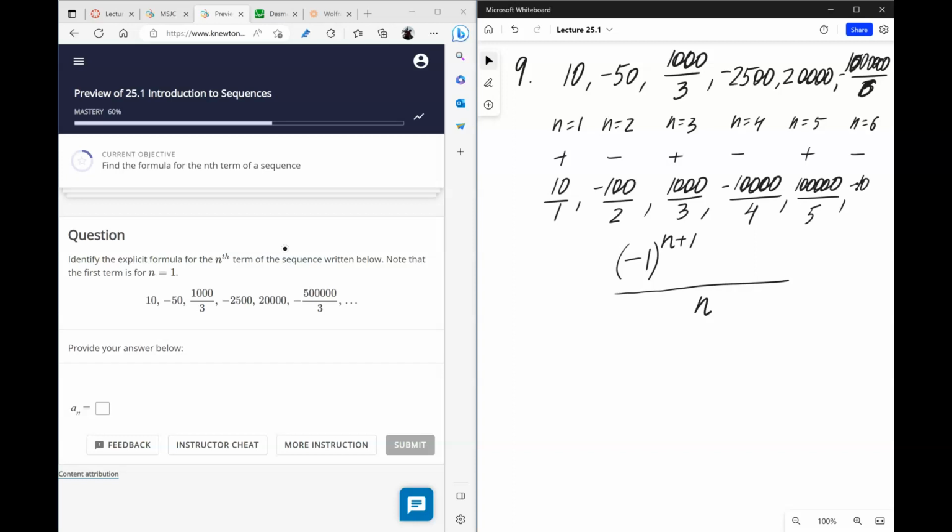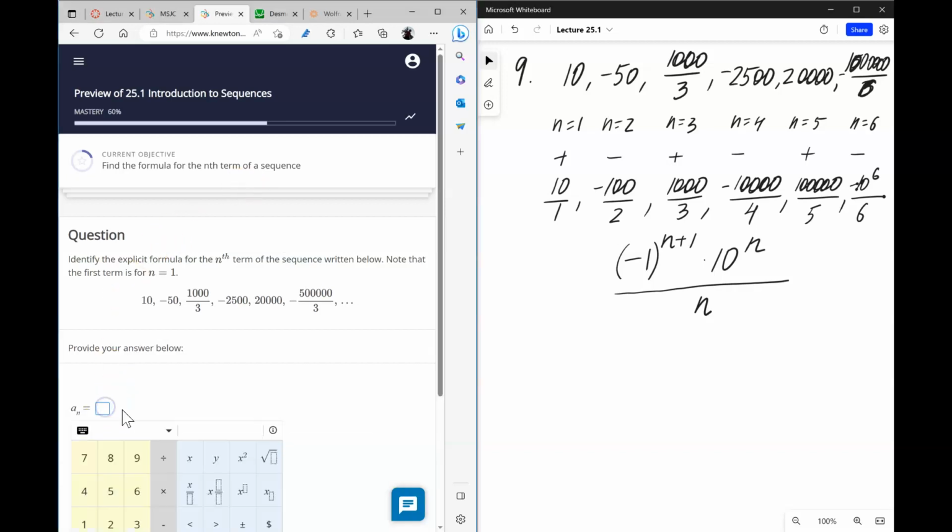So that's the number of zeros right there. So we have 10 to the power n over n, and then we have an alternating sign. Negative 1 to the power n minus 1, 10 to the power n divided by n.